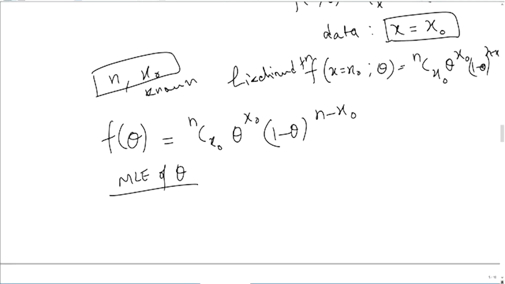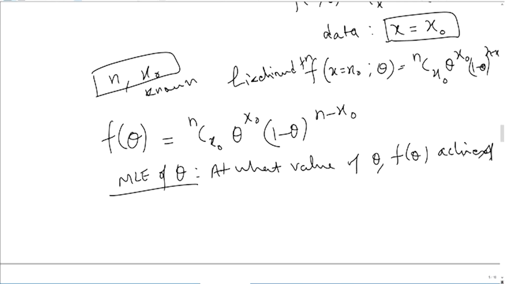At what value of theta does the function achieve its maximum value? Basically, it is the value of theta which has the highest likelihood. So what value of theta has the highest likelihood of generating this data?